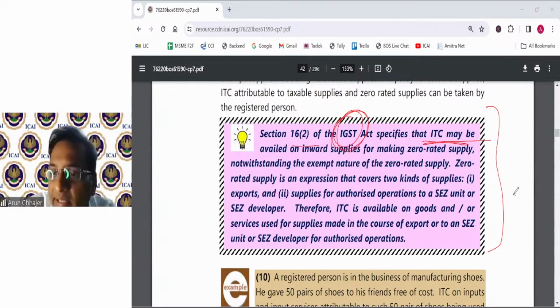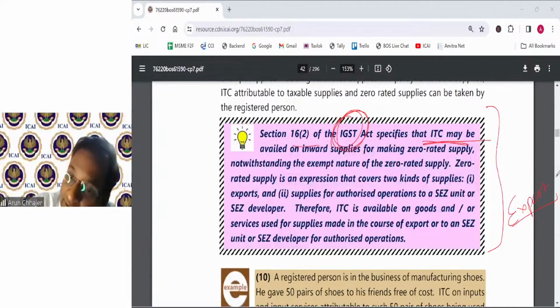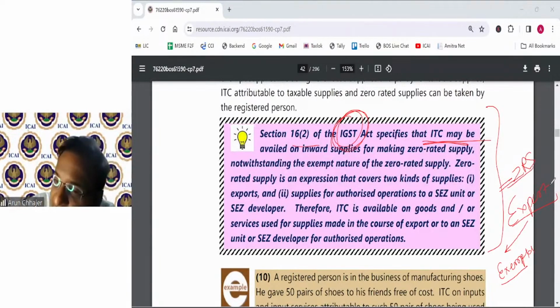See, if you are making the export, is it zero rated? Answer is yes, it is zero rated. Even export of an exempted item is also called zero rated supply. Export can be a taxable item or an exempted item; it will always be called zero rated supply.